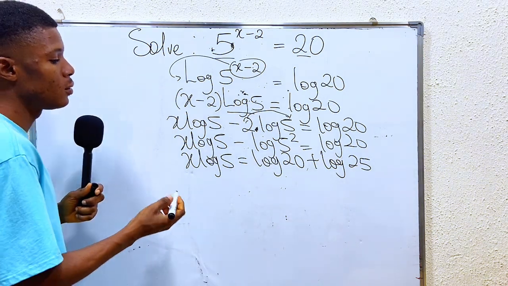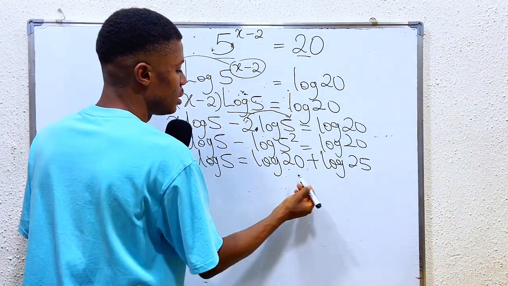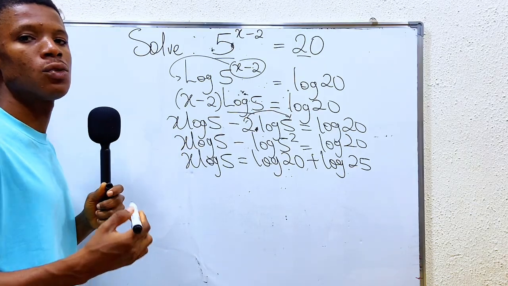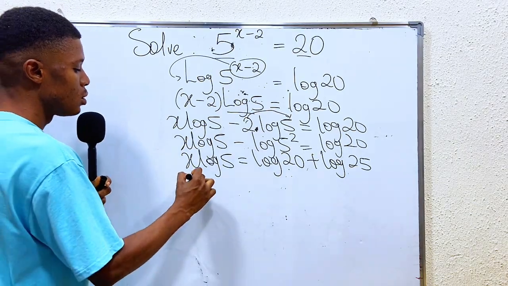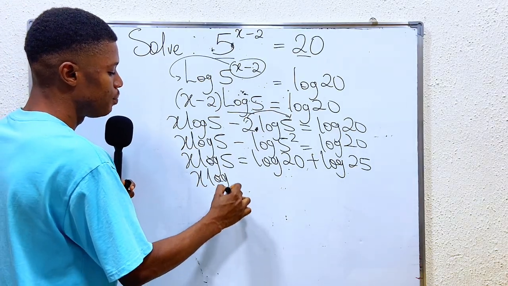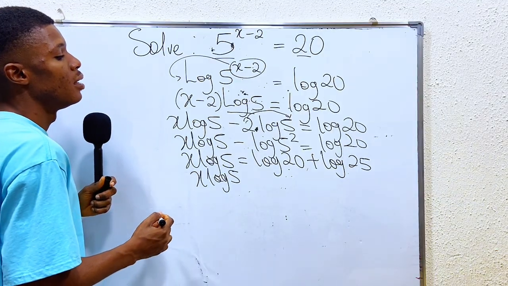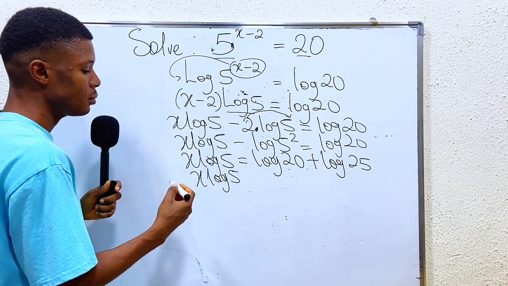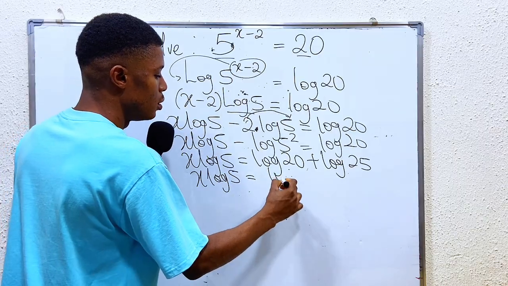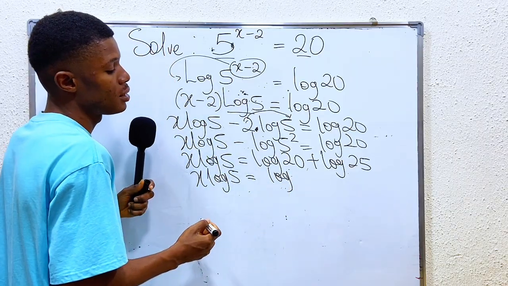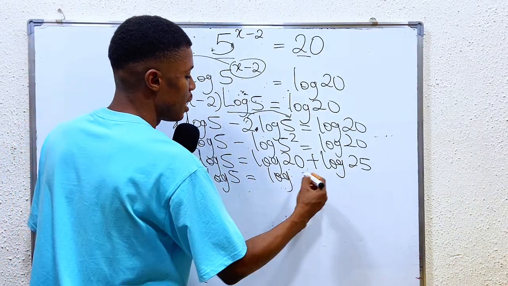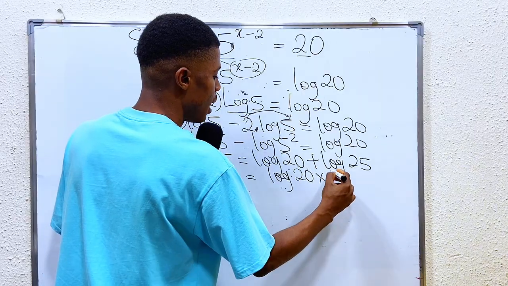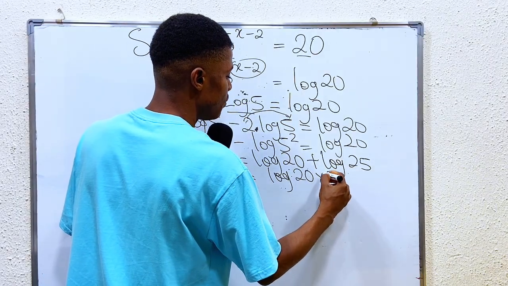In logarithm, whenever you are adding two logarithms in the same base, you are free to multiply the numbers. So we have it that x log 5 is equal to log, you can now see that we have it as 20 times 25.